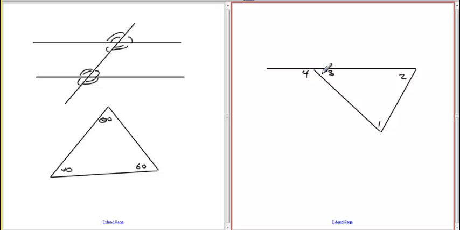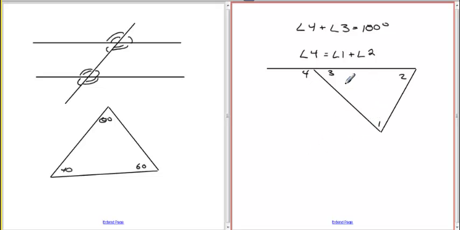We know those are supplementary, so angle 4 plus angle 5, the measured values of those, equals 180 degrees. We also know that angle 4 is equal to angle 1 plus angle 2. Not equal to 180, but equal to the sum of these two angles, which are the opposite interior angles.